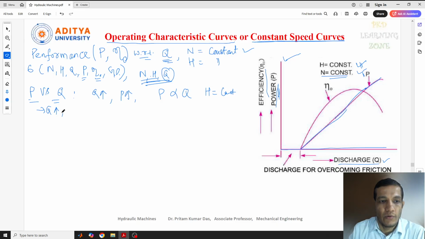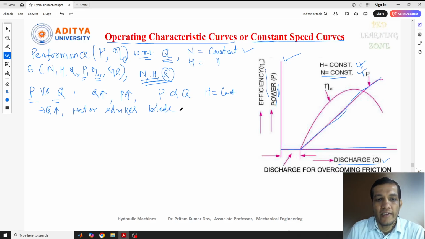Discharge more means the water strikes the runner blade at a higher rate, and once more water strikes the blade or the runner, there is more momentum transfer.